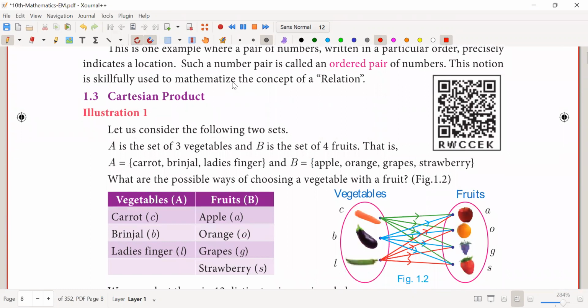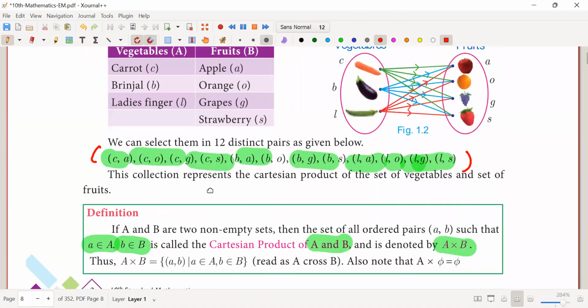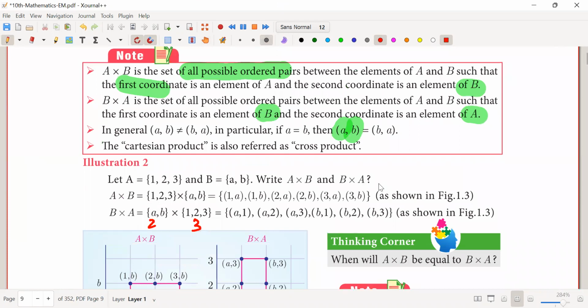I'll put this as the first one. You have to put your own data for these. It's your choice, form your own pairs. Then illustration 2 helps you with A cross B and B cross B. After this illustration, there will be an example related to this, and in the exercise we have 2 subs.